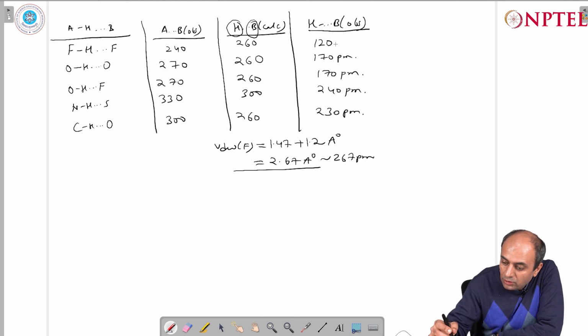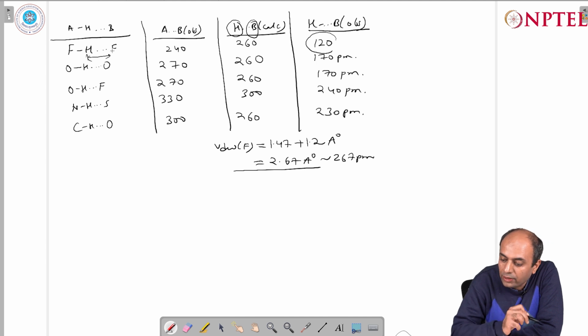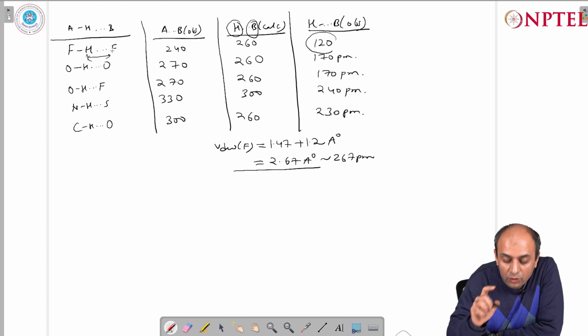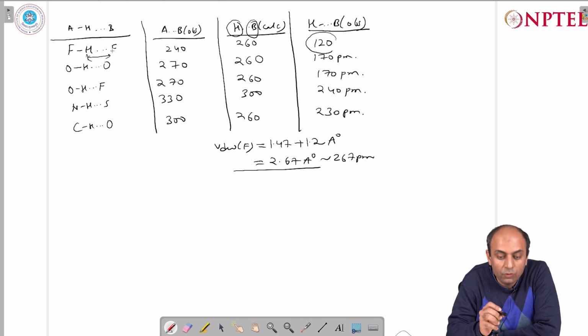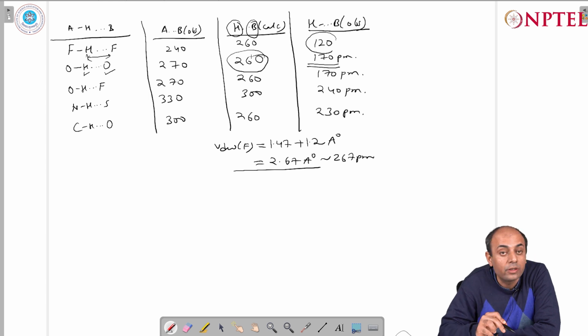But the actual distance you see is much shorter, 120 picometer, and that is because fluorine is a highly electronegative atom and hydrogen has a strong positive charge. It is able to penetrate into the electron density region of the fluorine atom, and therefore decreases the separation between the hydrogen and fluorine. Whenever you have strong hydrogen bonds, the distance between the donor and the acceptor is very small compared to the sum of the van der Waals radii.